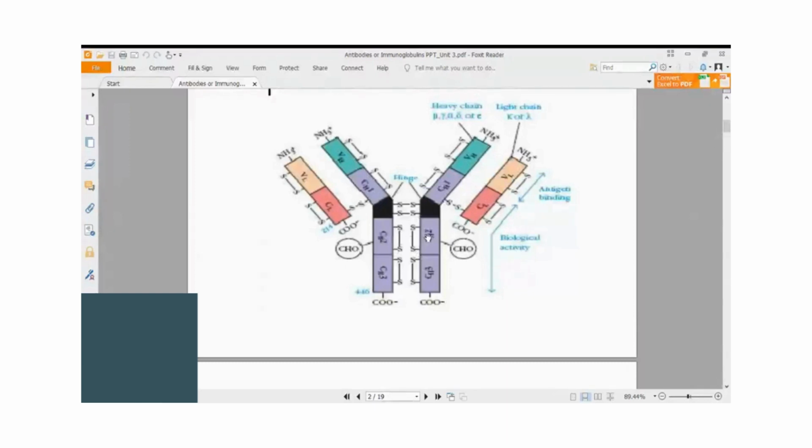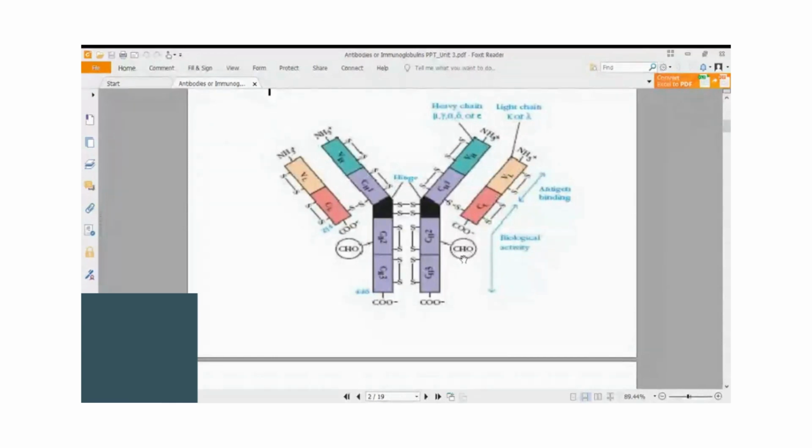In chromosome number 14, the gene for heavy chain is present. The gene for light chain is present on chromosome number 22 and chromosome number 2. The one on chromosome number 2 is the lambda chain, and the one on chromosome number 22 is the kappa chain. Kappa and lambda, two different proteins, constitute the light chain.